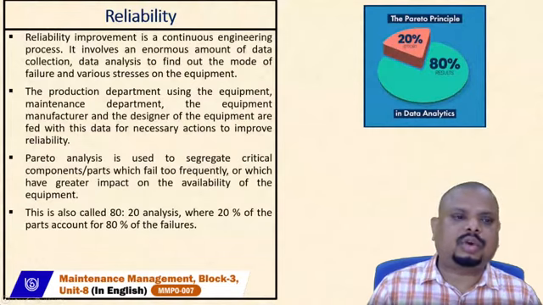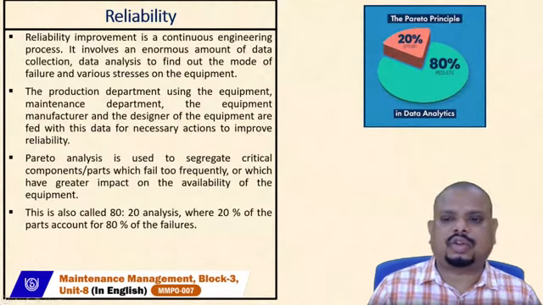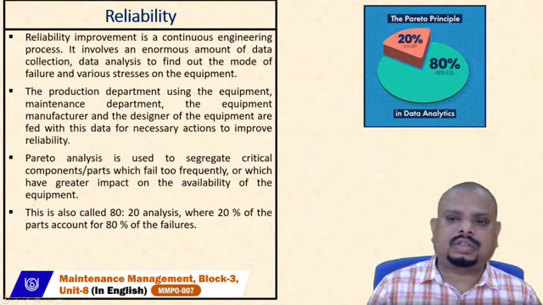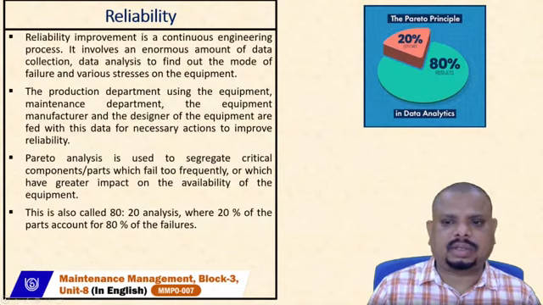We find out the modes of failure in various places on the equipment. If you use data analytics, a method known as the Pareto principle is applied. Under the Pareto principle, the 20%, 80% method is applied. That means 20% effort should be done and 80% of the result will come out from the reliability.